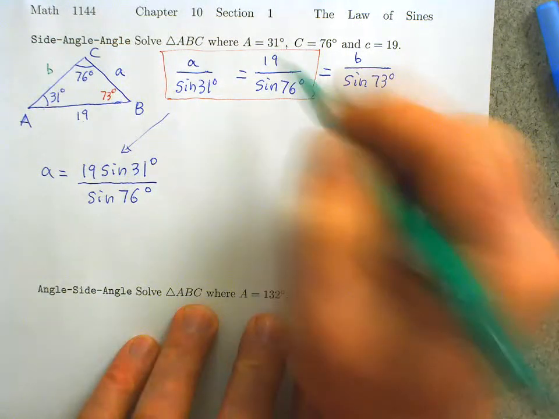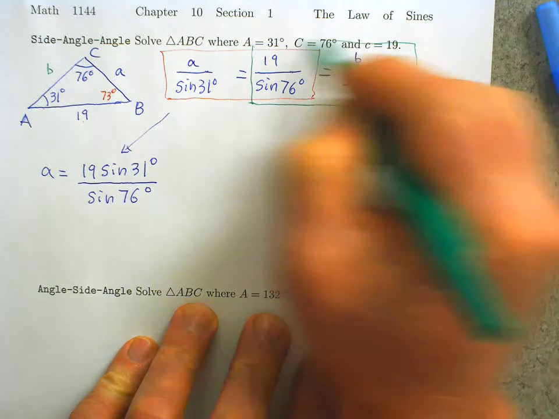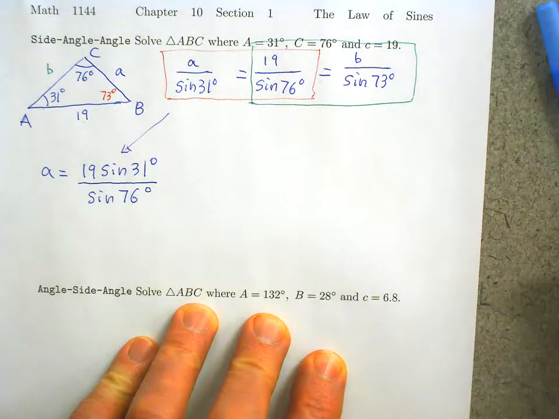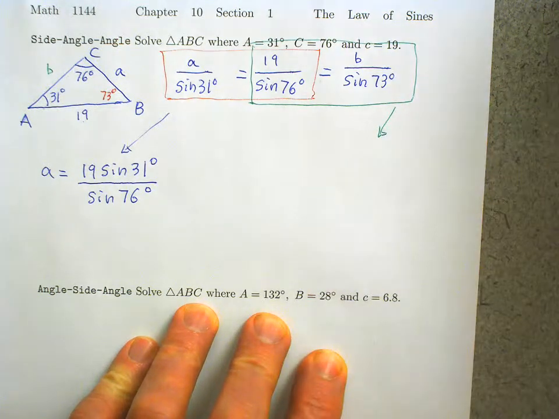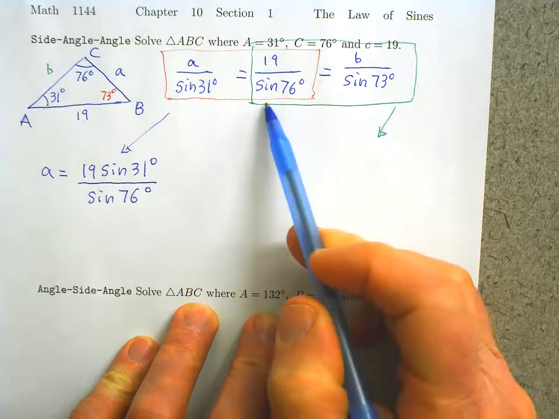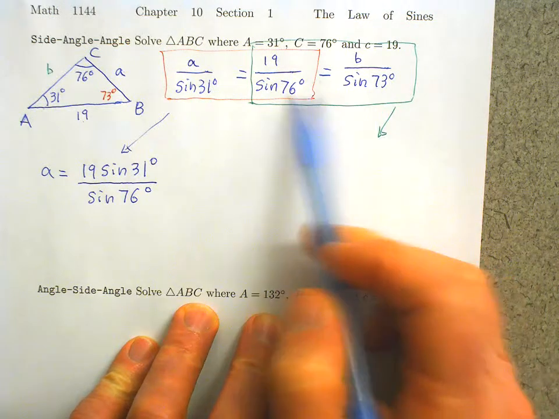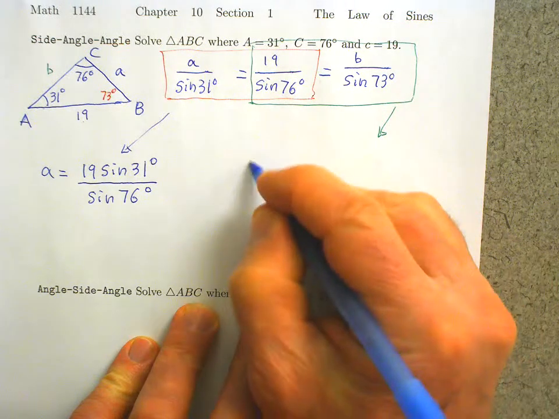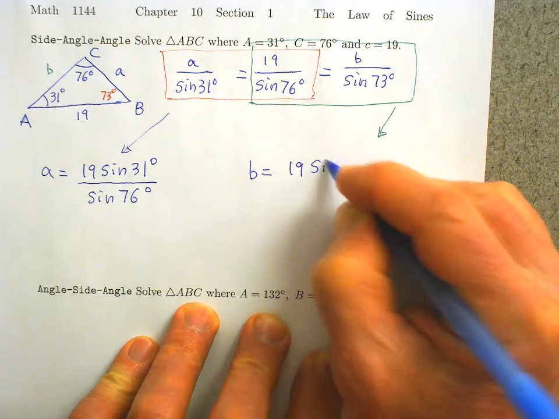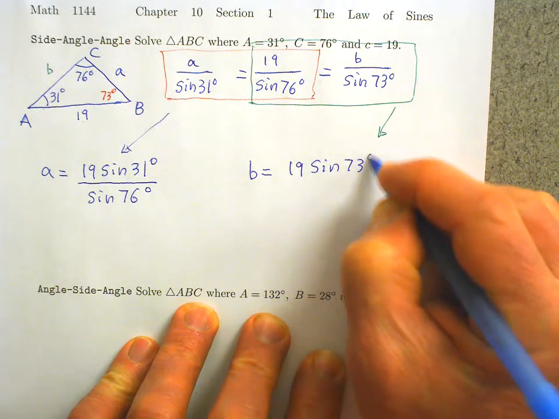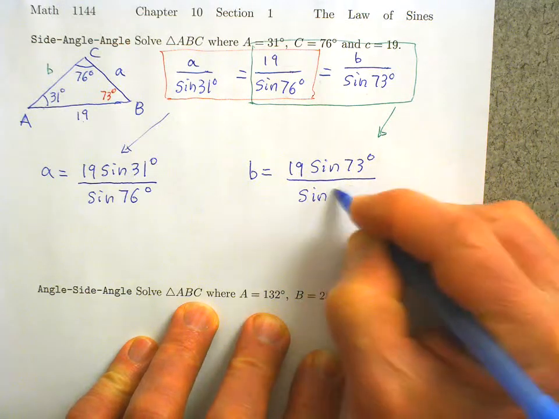And then the equation on the right, I can use that to solve for lowercase b. So when we solve this for lowercase b, we can just multiply both sides by the sine of 73 degrees, and we get lowercase b equals 19 times the sine of 73 degrees divided by the sine of 76 degrees.